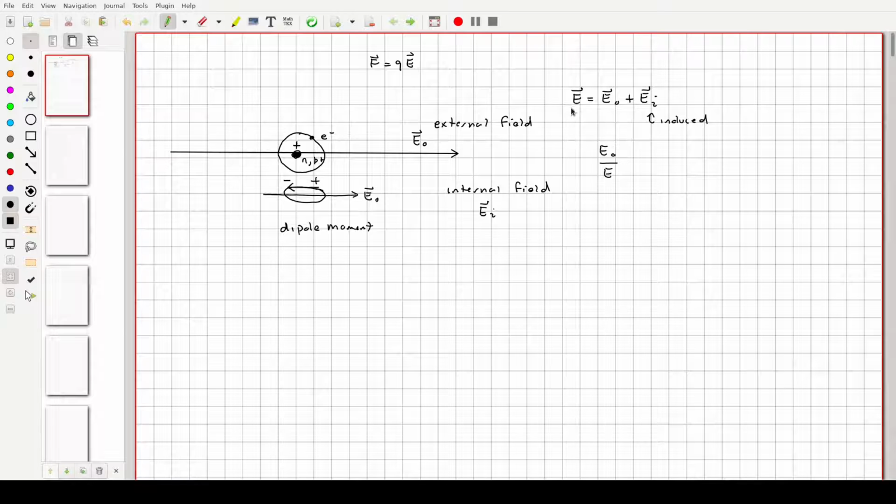Now in magnitude they look like this. We'll call this ratio kappa. So I can write E as E naught in magnitude over kappa.